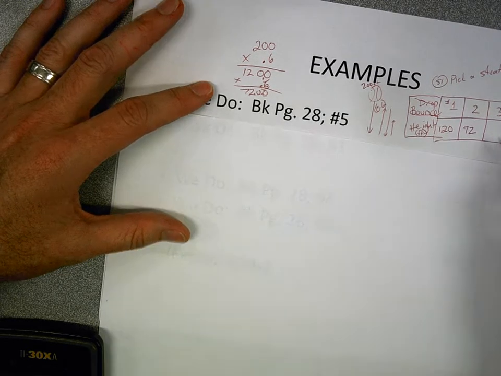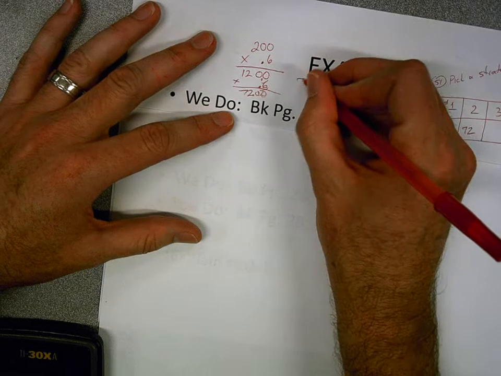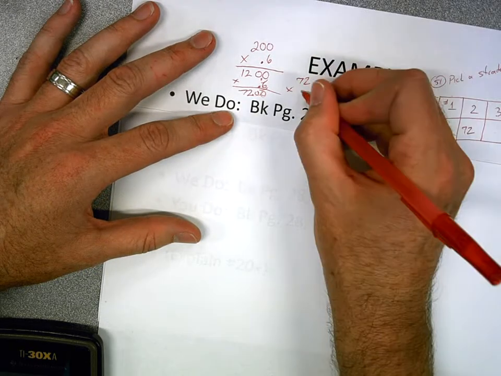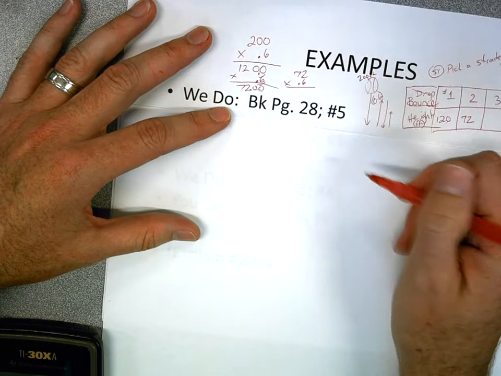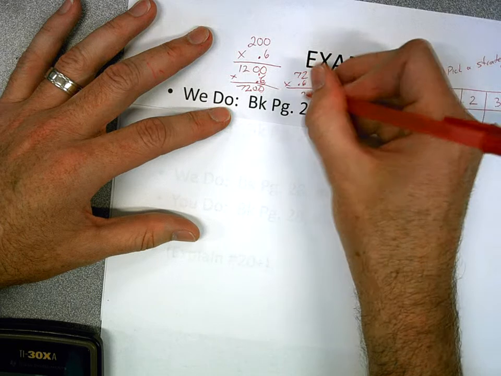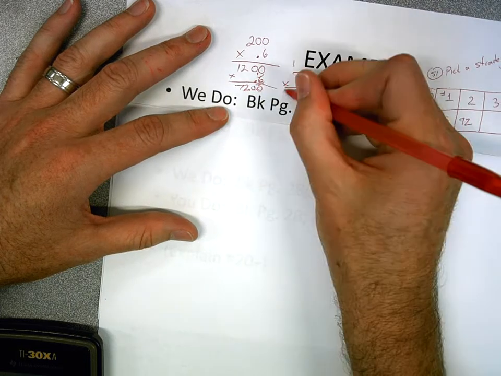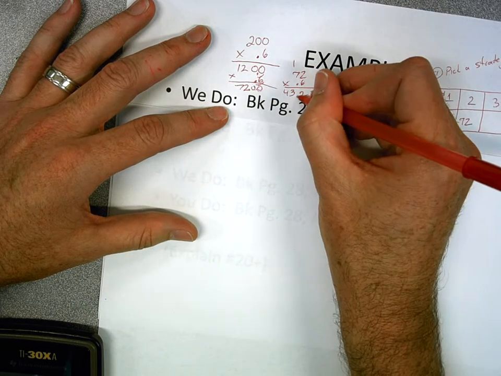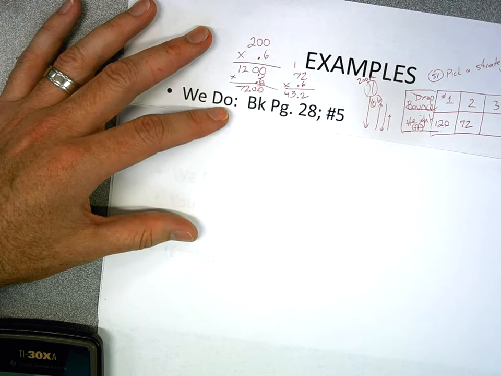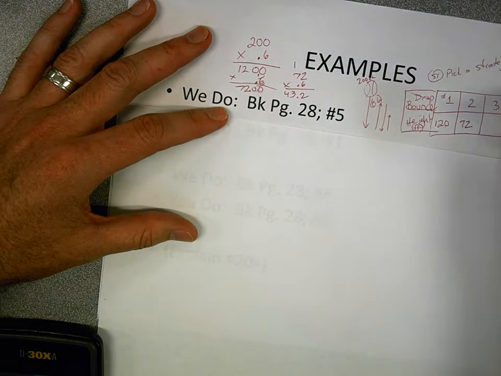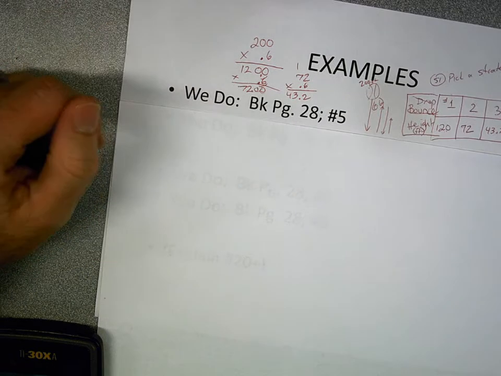Okay? 72, I'm going to rewrite it here. 72 times 6/10. And I don't even know if we need a calculator, to be honest with you, on this, right? 12, 40, that's 43. Decimal over 1. So 43 and 2/10 off the third bounce.